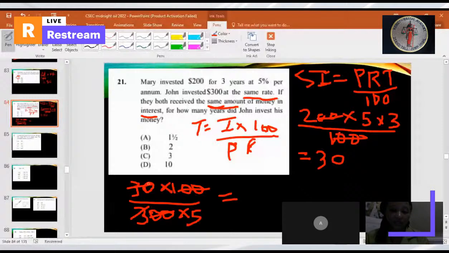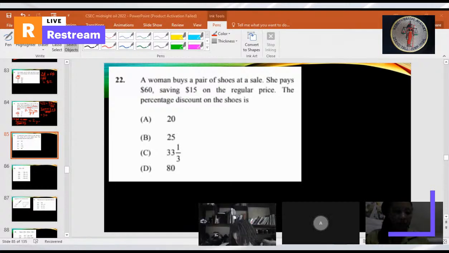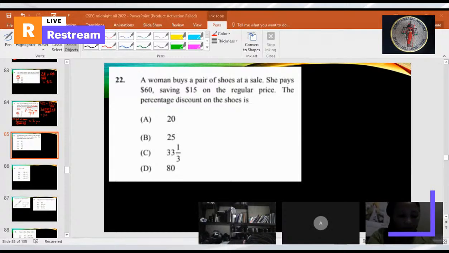Read number 22. A woman buys a pair of shoes at a sale. She pays $60, saving $15 on the regular price. The percentage discount on the shoes is... All right, so what should we do?